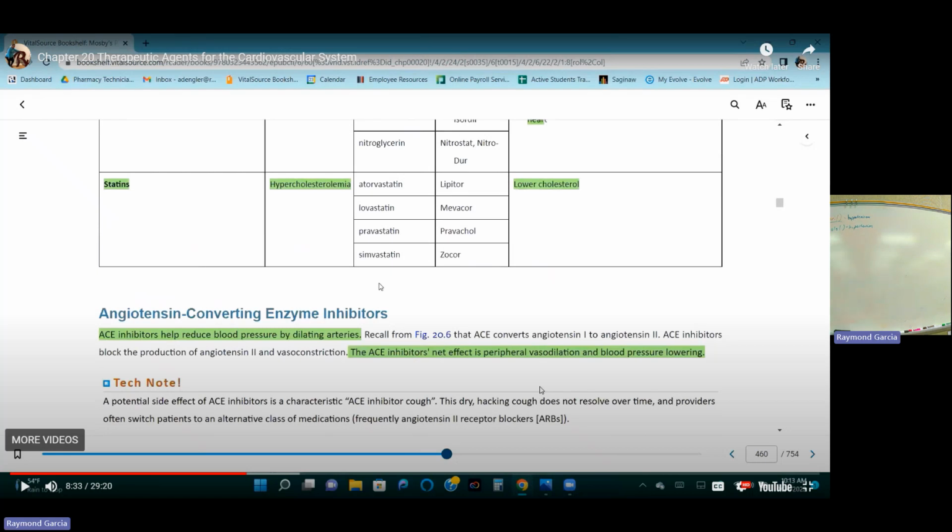Some known diuretics are furosemide, which is the brand name Lasix. Also, you have your thiazide diuretics, which is hydrochlorothiazide.